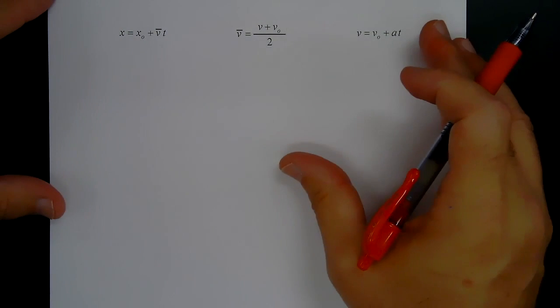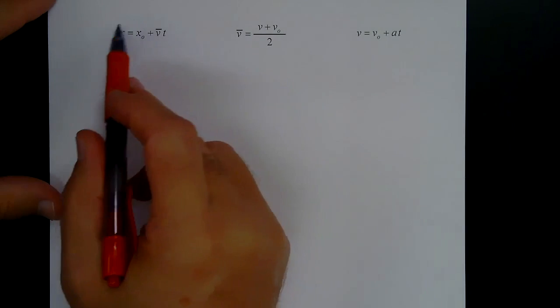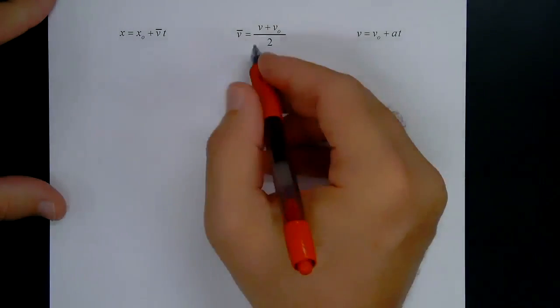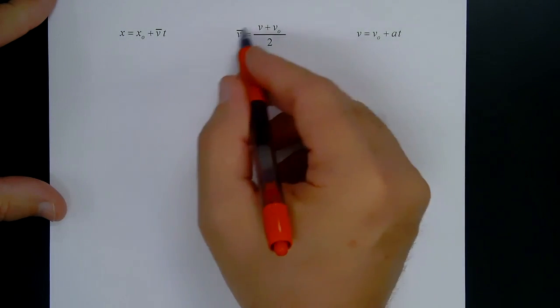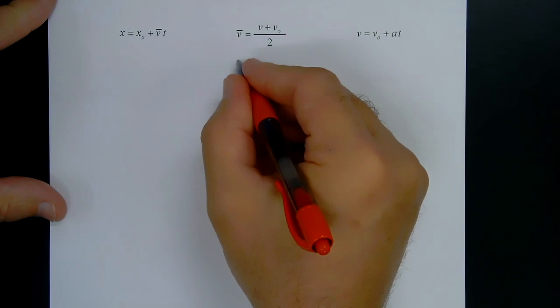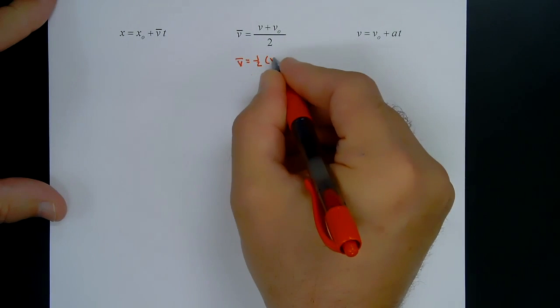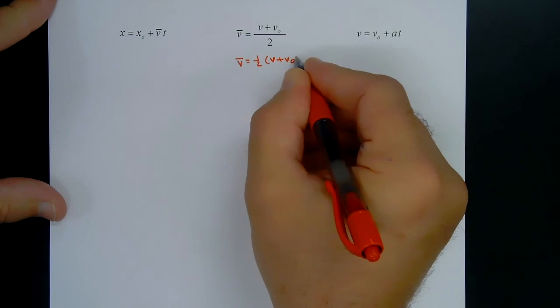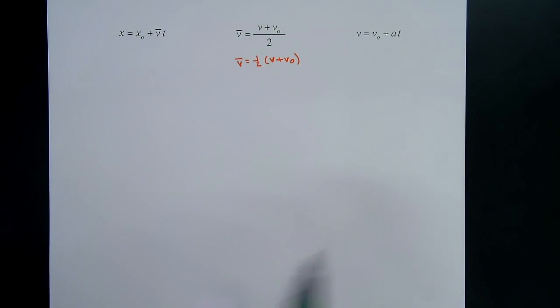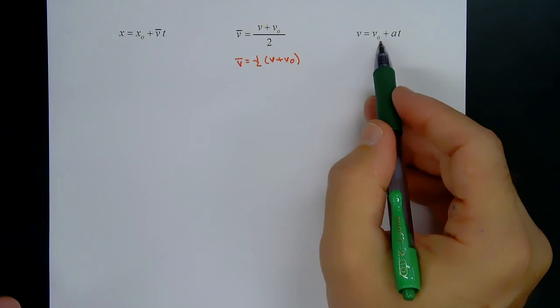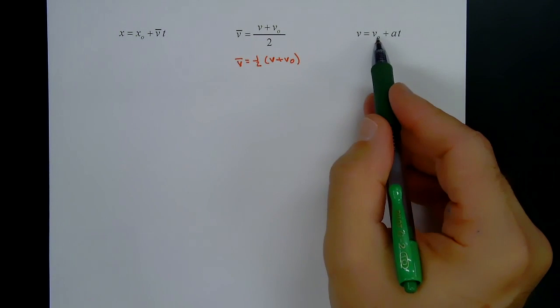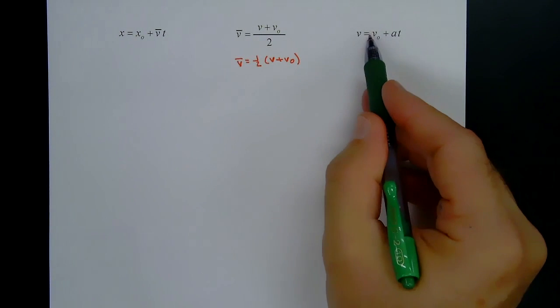So here are the 3 equations I'm going to use, right? We already saw this one and this one and this one, okay? This one I'm going to rewrite as v bar is equal to 1/2 times v plus v sub o. This one, I'm going to do something a little bit differently, okay? I want to solve for v sub o.